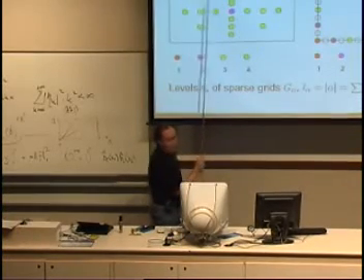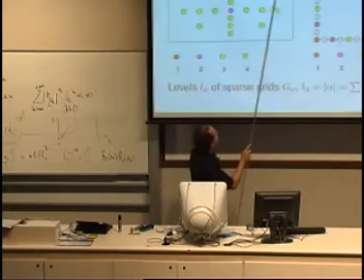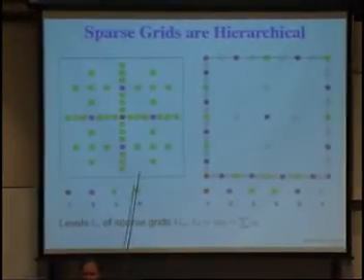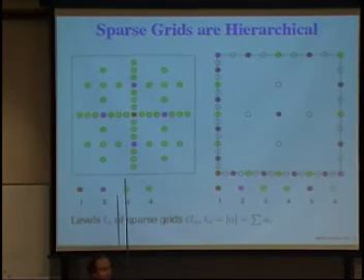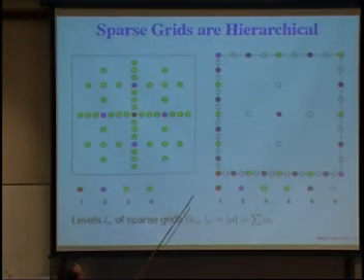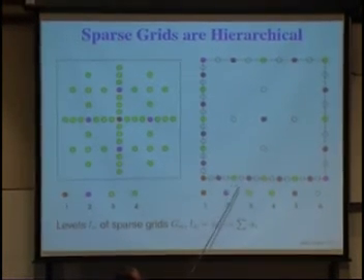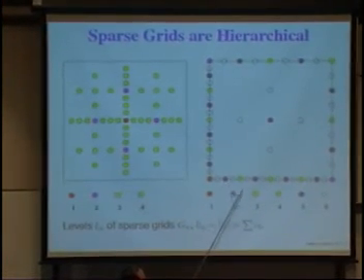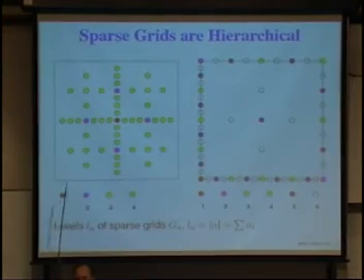But the thing is, it's not an adaptive scheme in a way. So we don't know a priori where the interesting things are going on. And the way we approximate is by sums of functions. And I'll talk a little bit more about that later on.